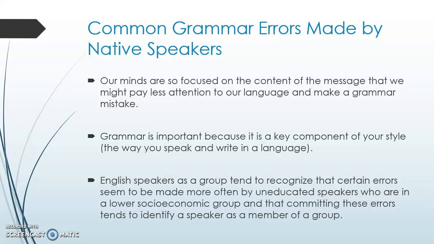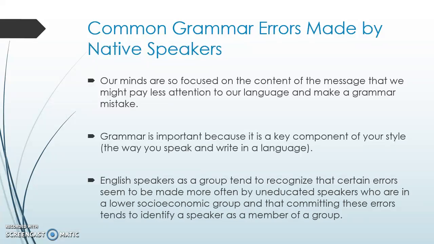Grammar becomes very important because it's a key component of your style, the way you speak and write in the language. And the chapter refers to this as when we decide what type of language we use. And we do the same thing in Spanish. We know how to talk formally and how to talk in not such a formal way. But this is something that we decide.